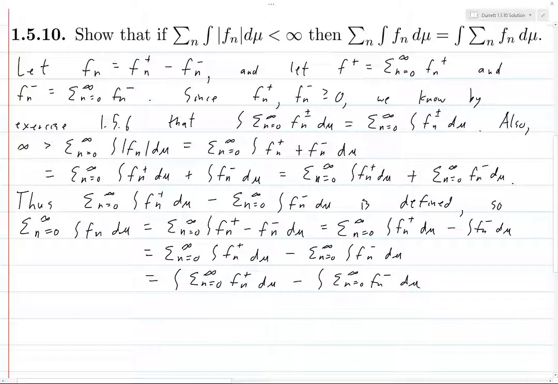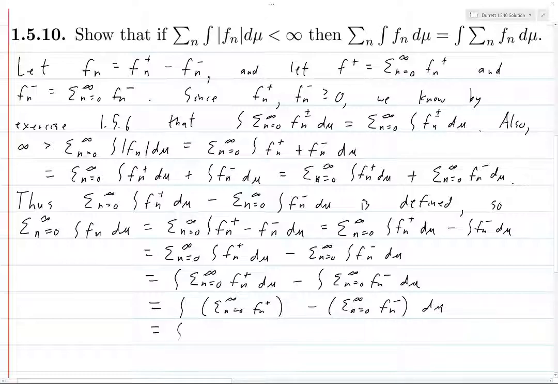And now this is a finite thing, so this is just the sum n equals 0 to infinity of f_n plus d mu, minus, and now we just basically work backwards. f_n minus, and the d mu should be on the outside.